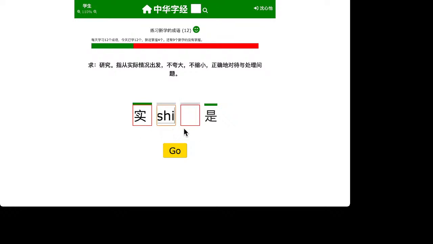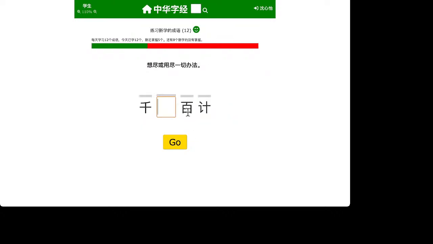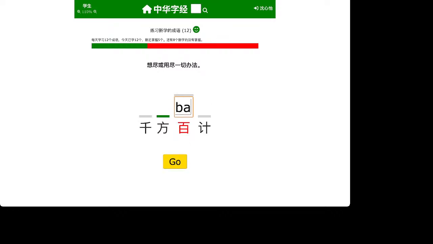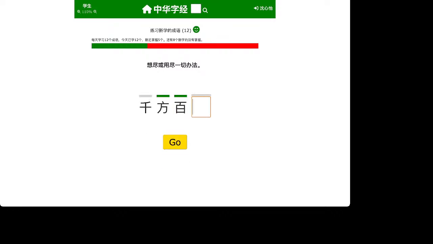No, not that one. This is, yes it is. 求是. 填一个空格，千方百计. This one? No, not that one.